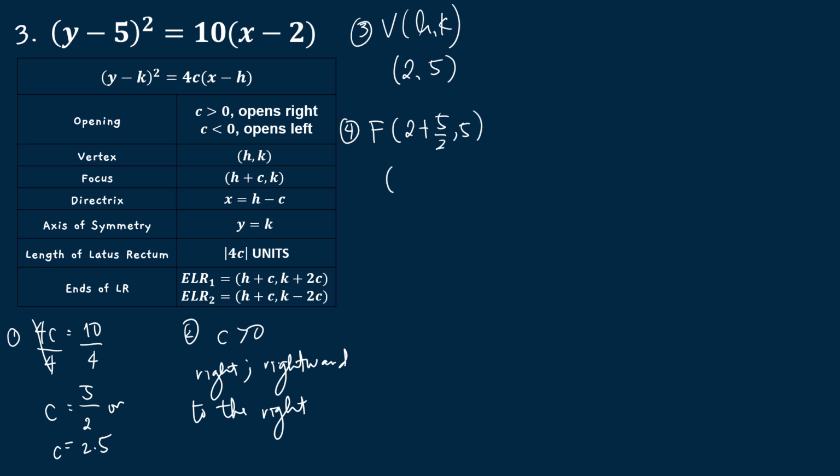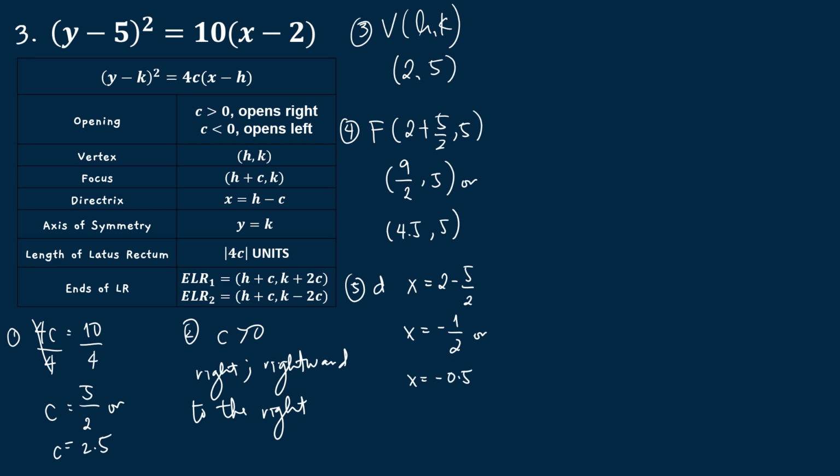So your answer would be 9 over 2, comma, 5, or you can also write it in decimal format, 4.5, comma, 5. Number 5 would be your directrix, so that would be x is equal to 2 minus 5 over 2, or x is equal to negative 1 half, or x is equal to negative 0.5.